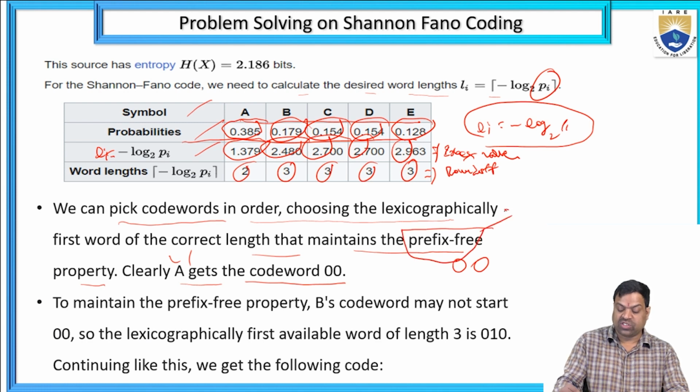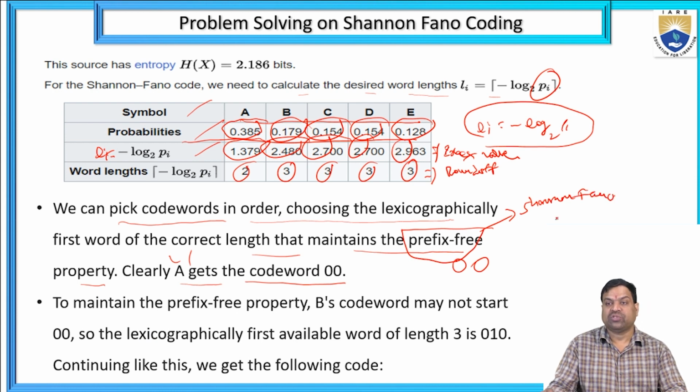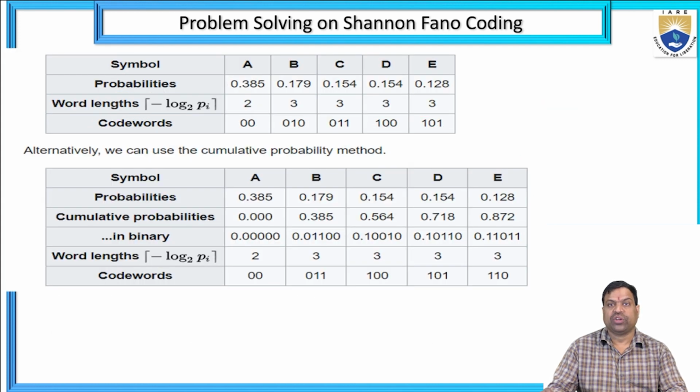Shannon-Fano is always prefix-free, so the prefix-free property is obtained from the code word. To maintain it, the code word may not start with 00. So the lexicographically first available word of length 3 is 010, and continuing like this, we will get the following code.